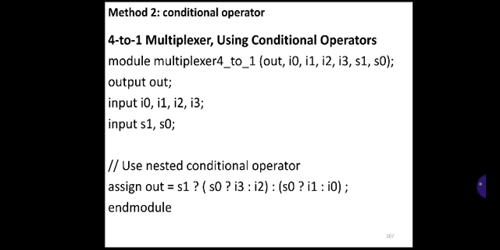Like this, all 4 conditions, 00, 01, 10 and 11 for S1 and S0, are tested, and accordingly I3, I2, I1 or I0 is assigned to out. This is how the program is written using the conditional operator for the 4:1 multiplexer. Thank you for watching the video.